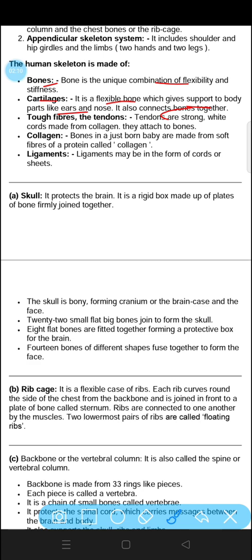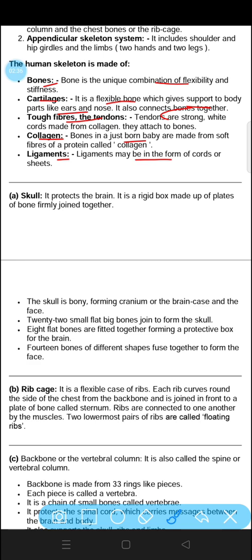Tough and fibrous, the tendons. Tendons are strong, white cords made from collagen. They are attached to bones. Bones in a baby are made from soft fibers of a protein called collagen. Ligaments may be in the form of cords or sheets. So these are the different things that our skeleton is made up of.